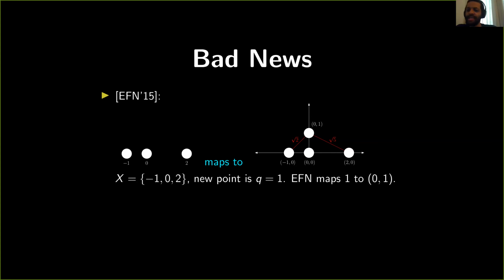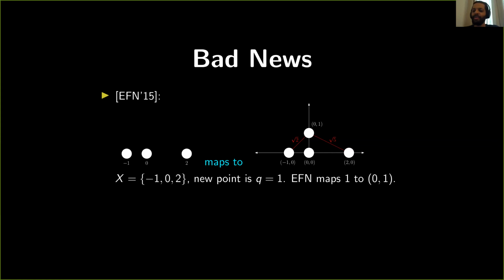The distance from 1 to 0 is 1. So 1 gets mapped to 0, comma 1. And then if you look at this picture, I increased my distance to 2 by a factor of √5, and I decreased my distance to -1 by a factor of √2. So overall, the ratio of stretch to contraction, the worst case, is √10. So this has distortion √10, which is basically sharp.